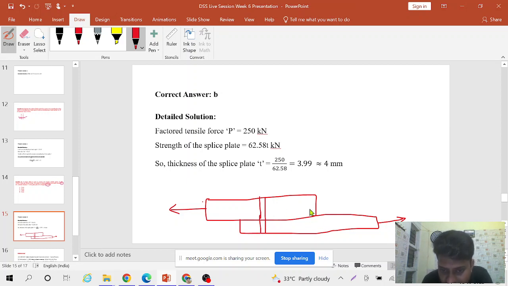In order to restrict this motion, the bolt will come in contact with the plate, because it is not a friction type connection. So the bolt will definitely bear, and when the bolt bears, then only shear will come. The tendency of this bolt is to move this side and the other bolt the other side, then only shear will come. If bearing does not come, how will shear come automatically?